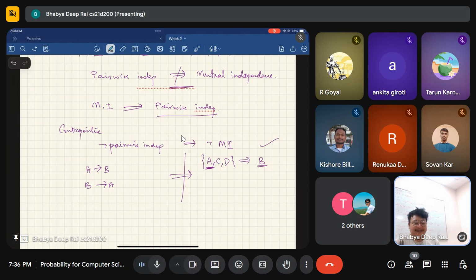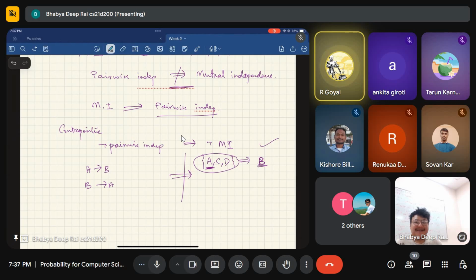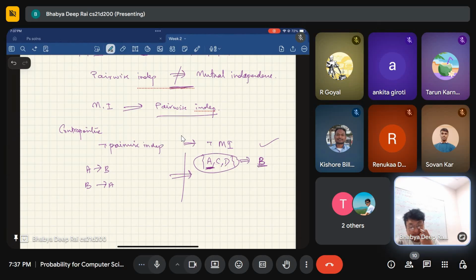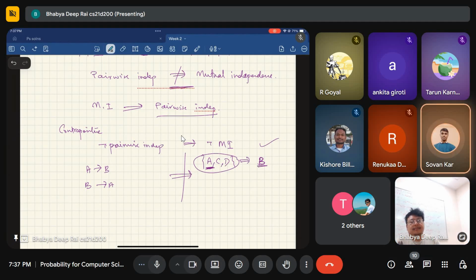So since B depends on the set happening, it is not mutually independent, right? Is that clear? Shovan, this is fine, no? Yes, sir.